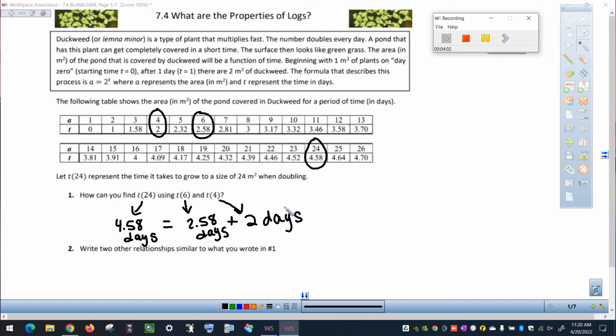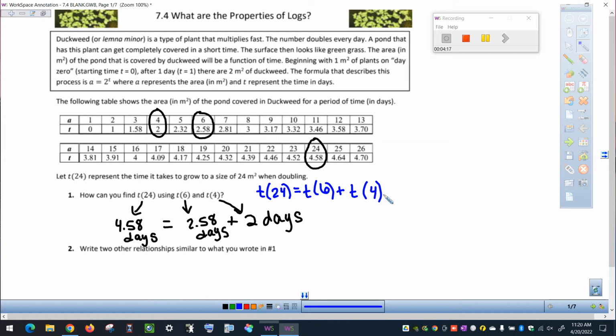So we could write this off to the side in a different way, going back to that t notation, that t of 24 is equal to t of 6 plus t of 4. Now, I'm curious if you noticed anything else. Like, what is the relationship between 6 and 4 and 24? What's happening there, right?